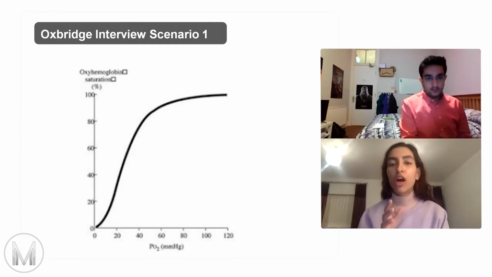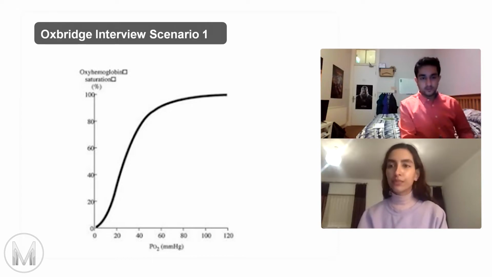How would you describe or draw the effect of carbon dioxide on the shape of the graph? I think with carbon dioxide, the curve will move to the right, because carbon dioxide competes with oxygen for the hemoglobin, and because carbon dioxide has a higher affinity to the hemoglobin than oxygen, it means that the carbon dioxide will bind more strongly to it.